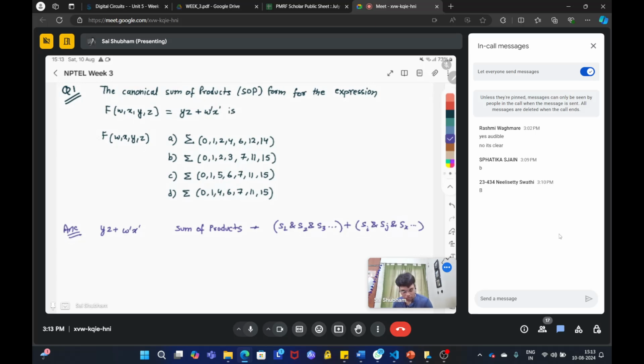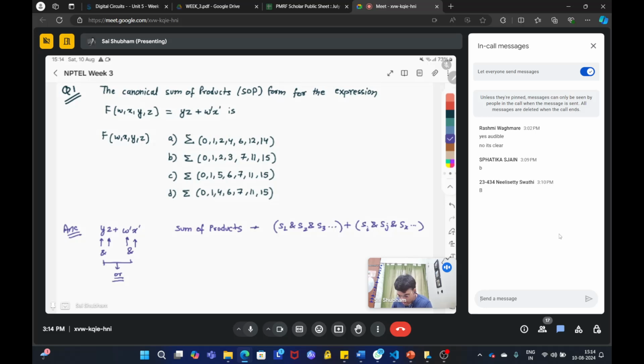For example, as you can see, these two signals are first passed through an AND gate, okay, and then the output signal is passed through an OR gate.